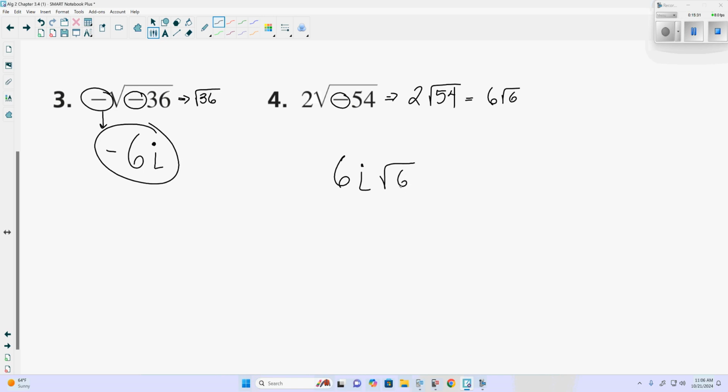Now for our answer, we still need that I term back in, so it'd be 6i square root of 6. Because 6 square root of 6 squared would get us back to our 2 square root of 54, not our 2 square root of negative 54. We need the I to get back there.